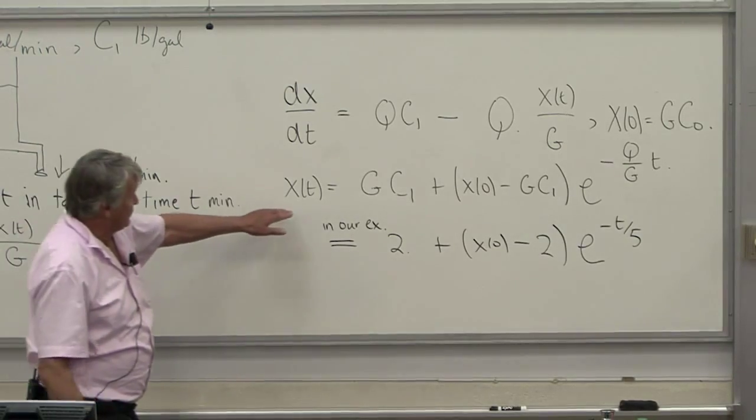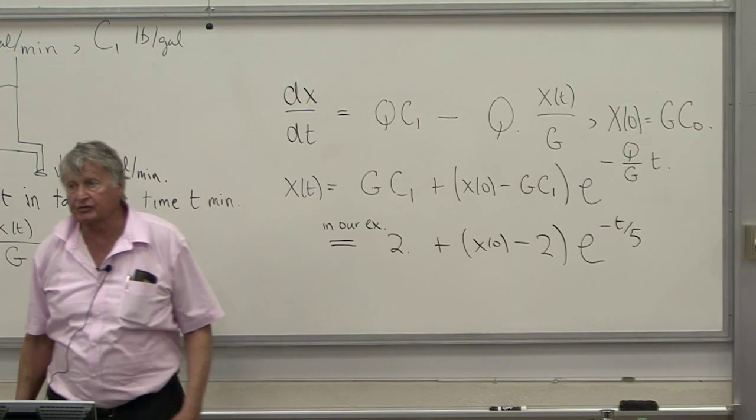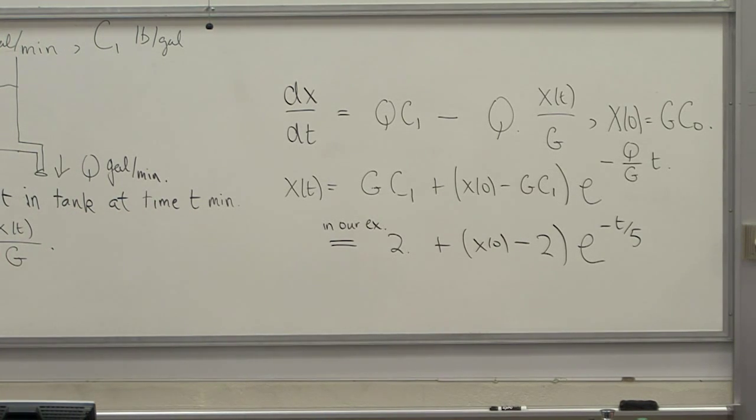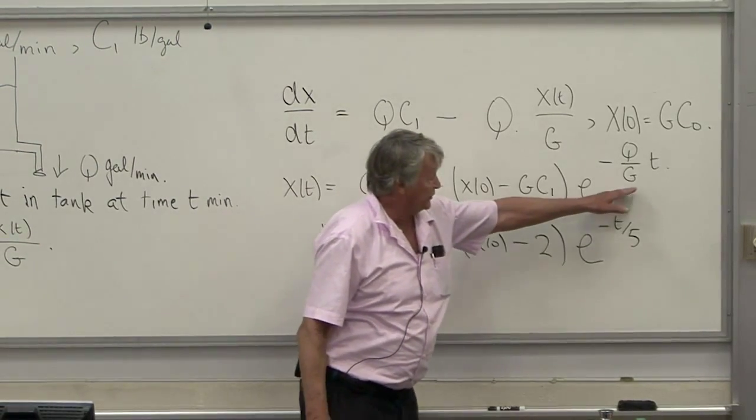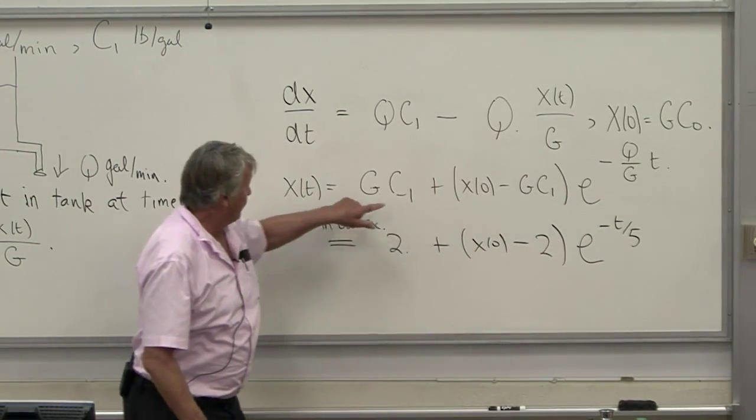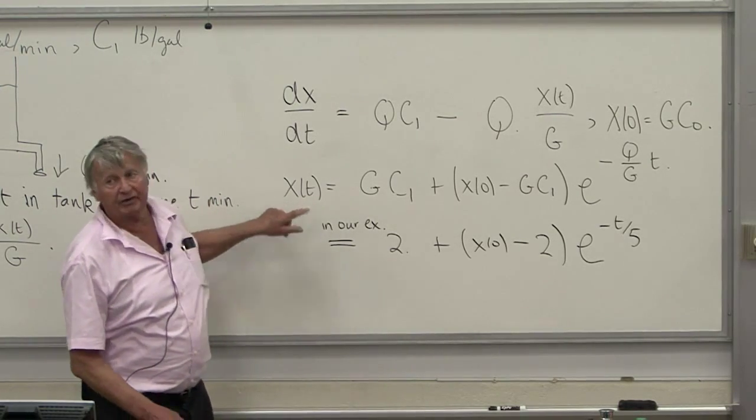So now what is happening here? You start off with a certain amount of pounds of salt in the tank initially, and it's going to go to another value, either rise up to this other value, or descend to it. As t gets very large, this term goes away, and you know asymptotically.